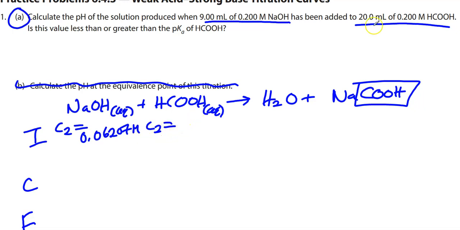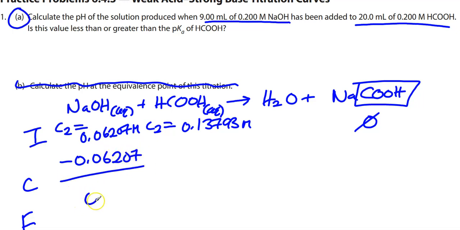And the C2 here is going to be 20 times 0.2 divided by 29. So the C2 for our acid is 0.13793. And of course, we start with a 0 here. Your change: the limiting reactant here is going to be our base. This is going to completely react, but we will have some of the acid remaining.